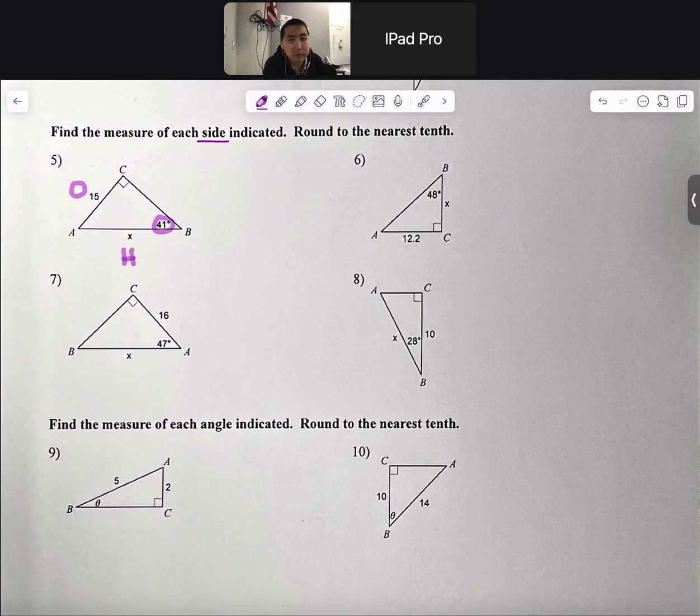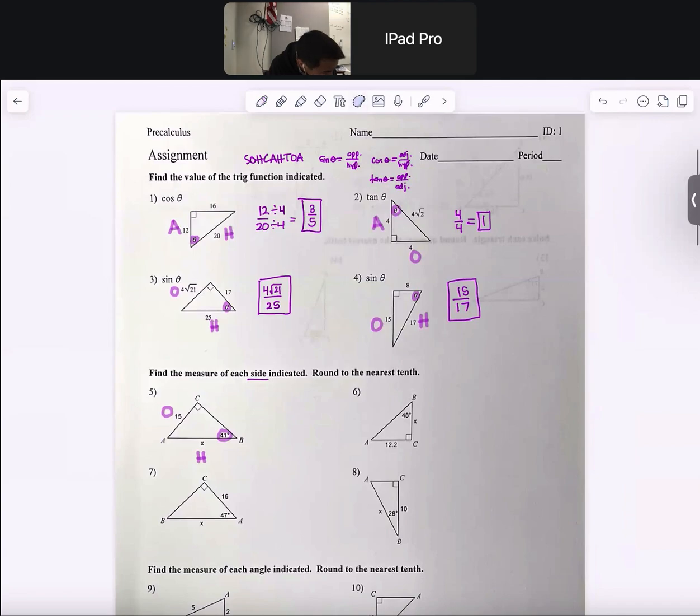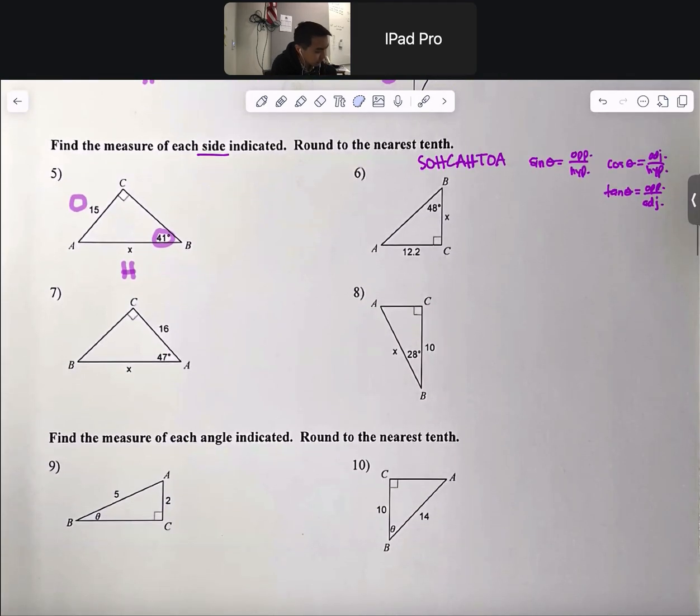There's only one trig function that uses opposite and hypotenuse. I'm going to retrieve our SOHCAHTOA for us. Okay, there we go. So for number 5, it's sine.